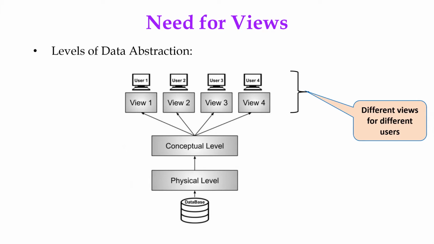But these levels are not needed by a common user. So if a user wants some information from the database, it is not possible for him to see all the tables which are present in the database. It will not give the needed information for him also. He wants only certain information from the database.